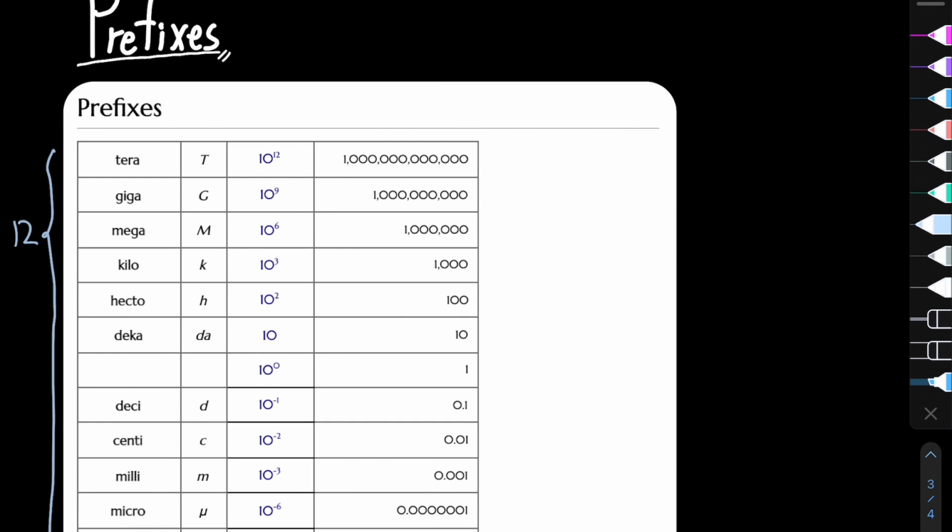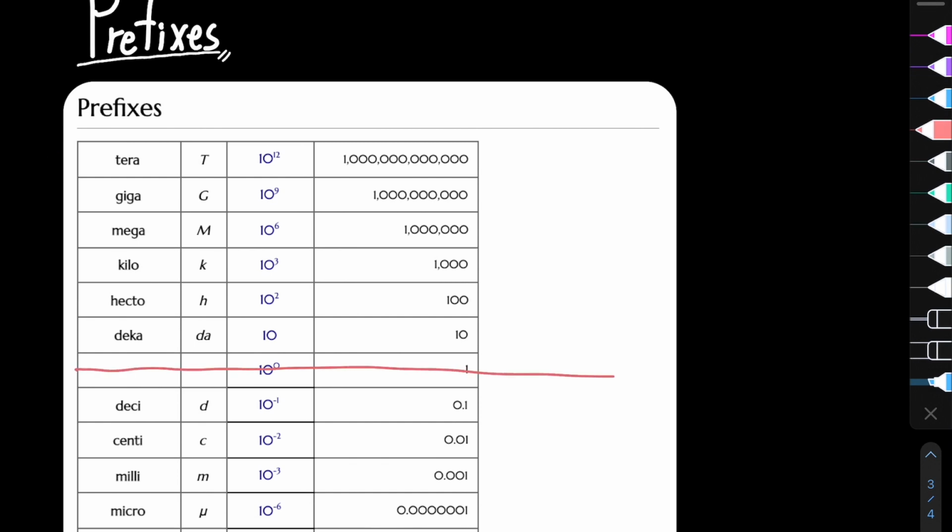Now, this can be divided into 2 categories. First of all, the upper 6 and the bottom 6. And the upper 6 are commonly called positive prefixes, and the bottom 6 are commonly called negative prefixes.